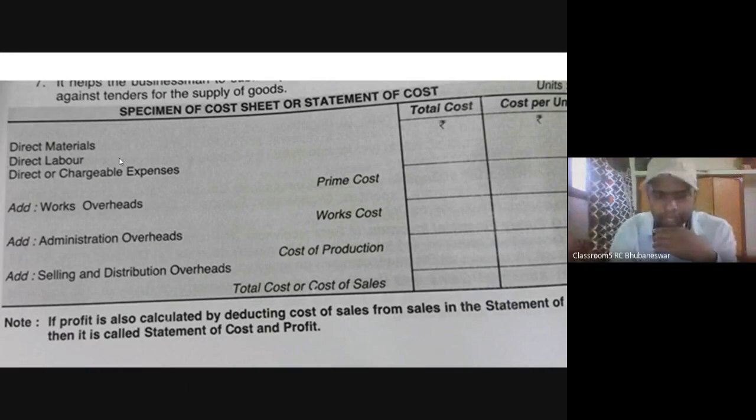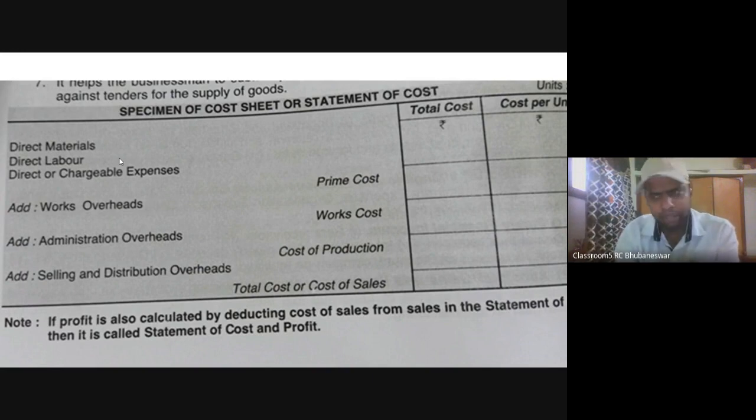Then the selling and distribution overhead consists of the expenses which are made for selling the product. For selling the products, some expenses are normally made. These are promotional expenses, some selling expenses, salesman's salary, then upkeep of delivery van.